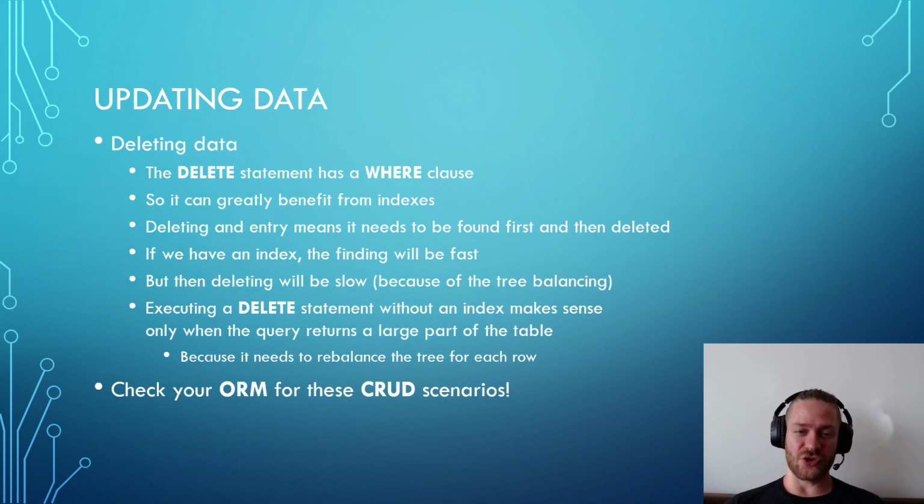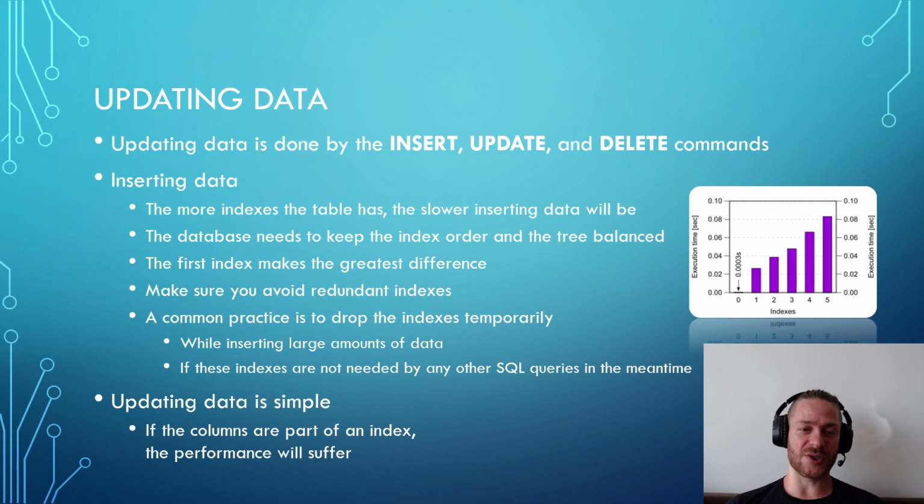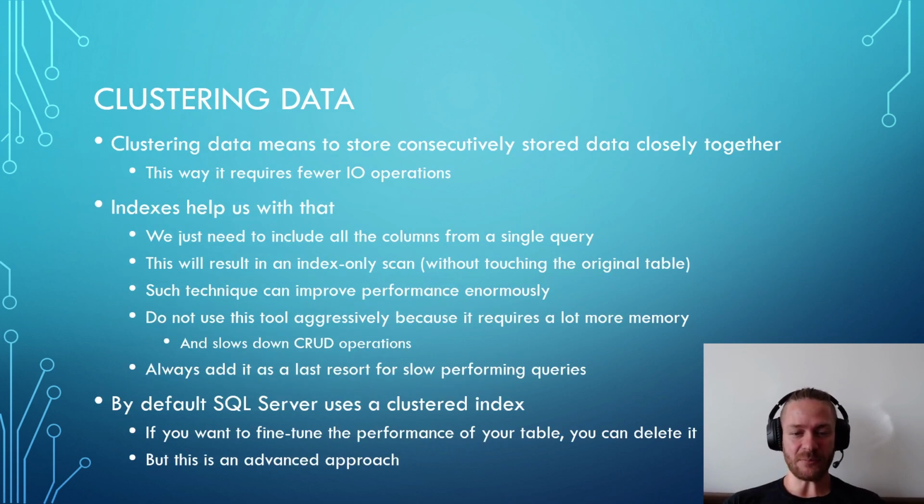So check your ORM for these crude scenarios, because you may be thinking that you're doing the right thing considering the indexing rules, but the ORM may do something else. So Entity Framework Core is kind of okay, but nevertheless check it from time to time.